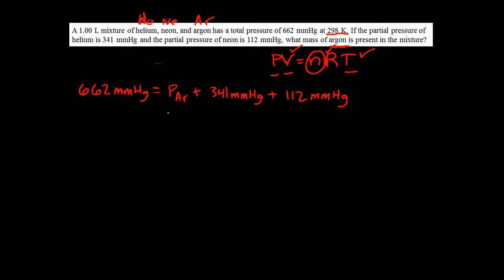So the algebra here is pretty simple. We're just going to add these 2 together and then subtract that from both sides. So if I do that, 662 minus 341 and 112, that leaves me with the pressure of argon. The partial pressure of argon is 209 millimeters of mercury.